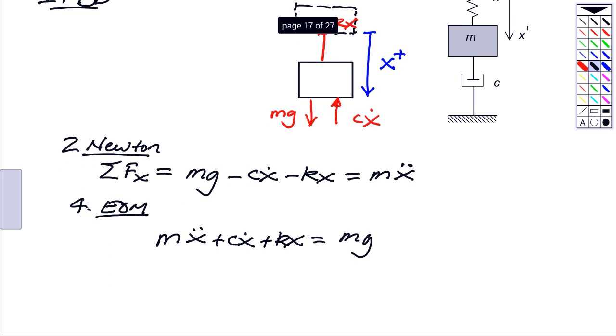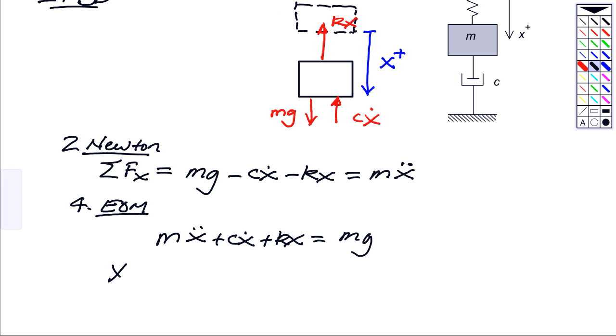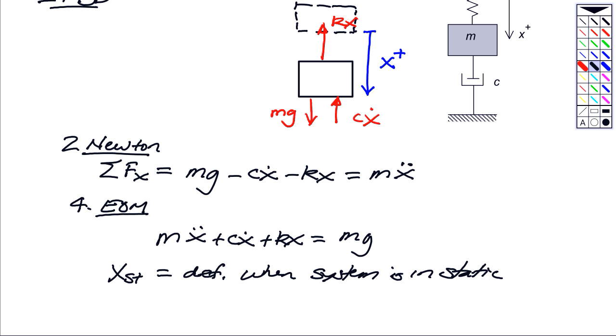The static deformation, x static, is the deformation when the system is in static equilibrium. That is, when it's in equilibrium, x dot is 0 as well as x double dot.